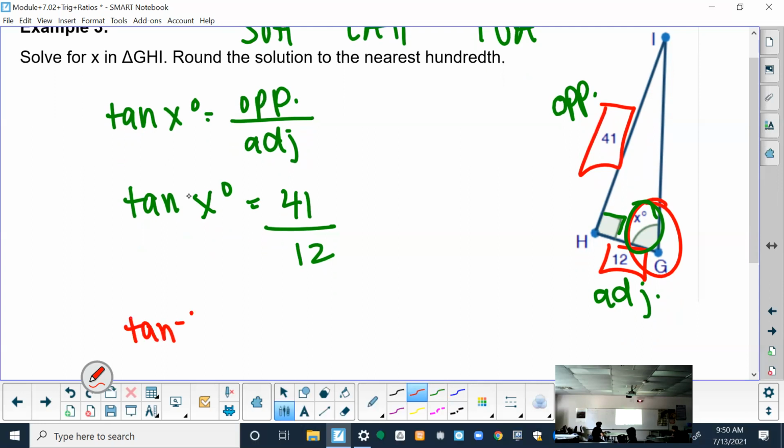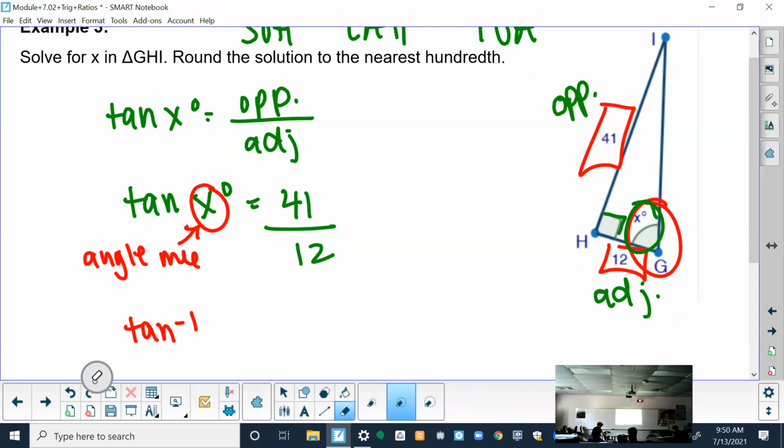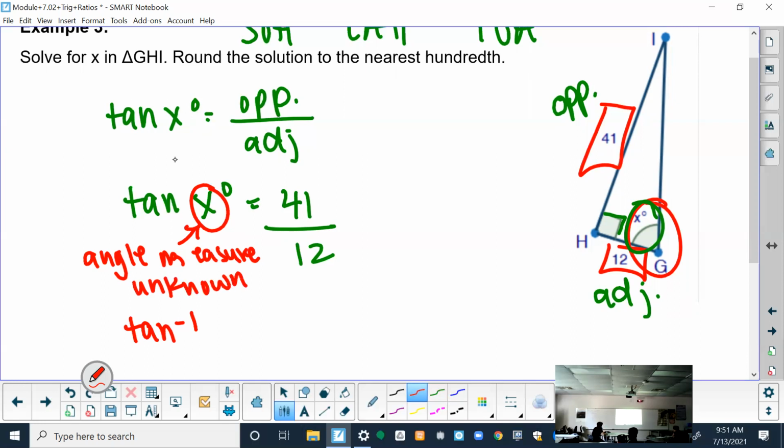Anytime you're solving for an angle measure, so angle measure unknown is what I'm trying to write, then you're going to use the inverse function. And since we were using tangent, we're going to use the inverse of tangent. Tan to the negative one.